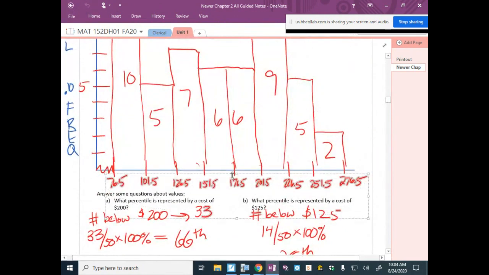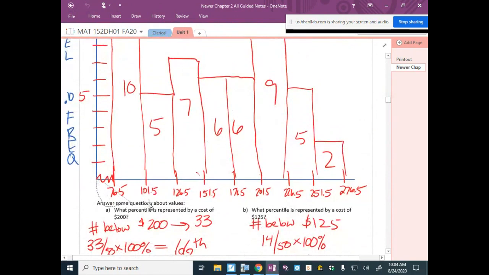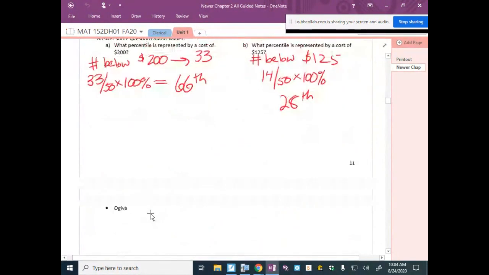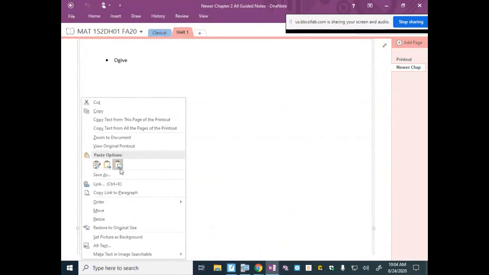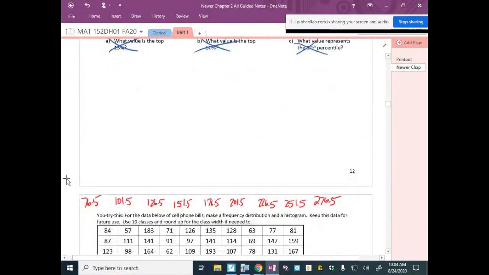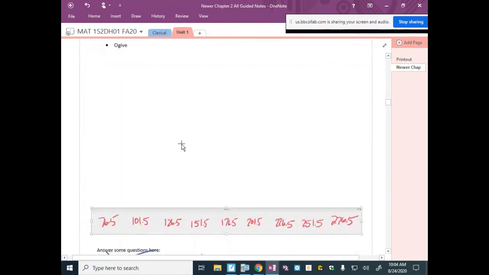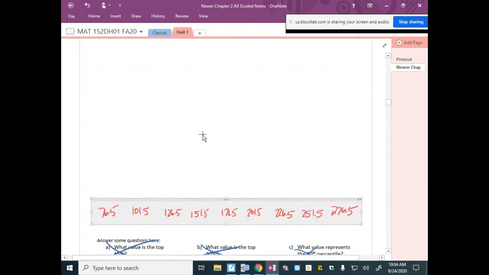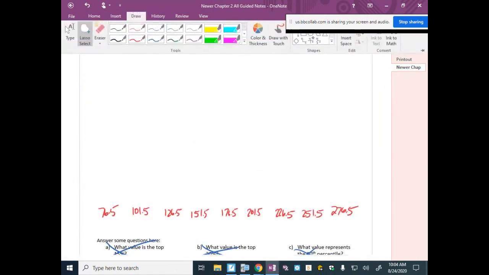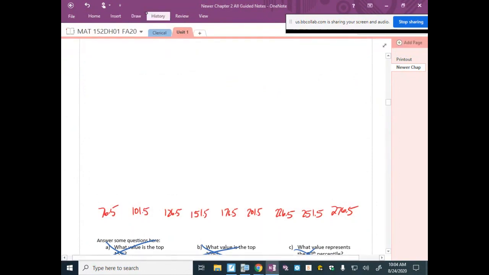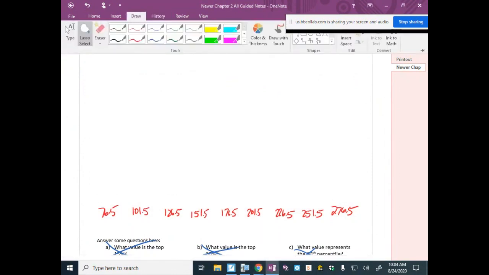Copy. So the vertical scale for this ogive is going to go to 50, since there were 50 textbooks.